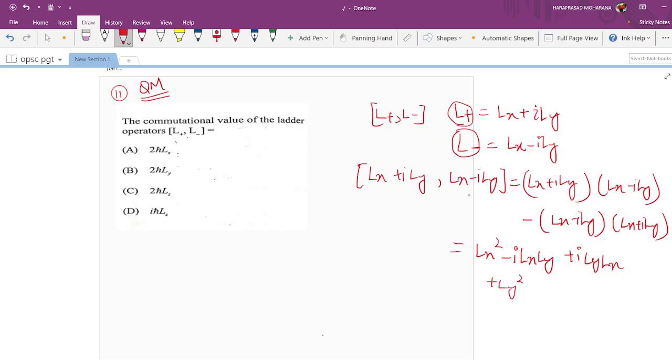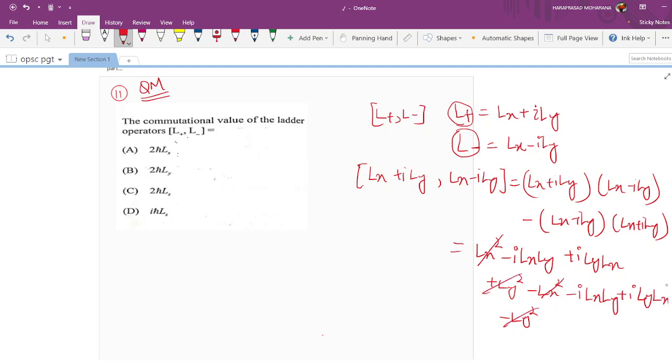Similarly, minus Lx square, and this will become minus iLxLy, and this will become plus iLyLx. Similarly, this will become minus Ly square. You can see I have plus Lx square and minus Lx square, I can cancel it, and plus Ly square minus Ly square.